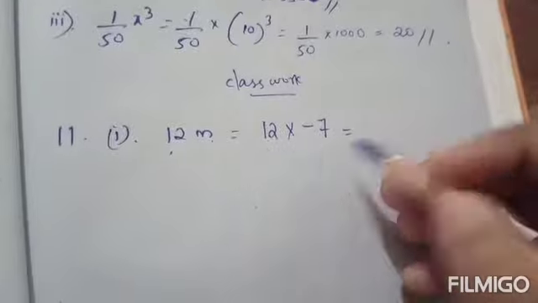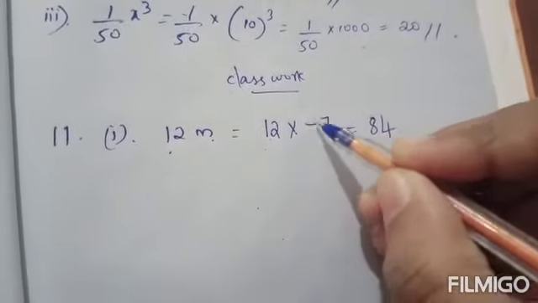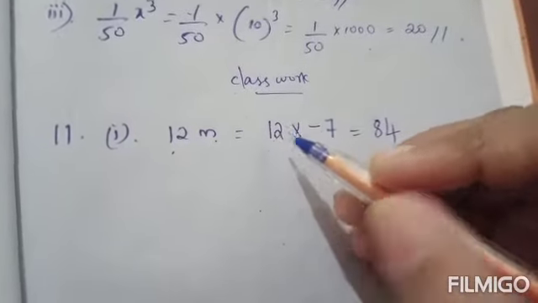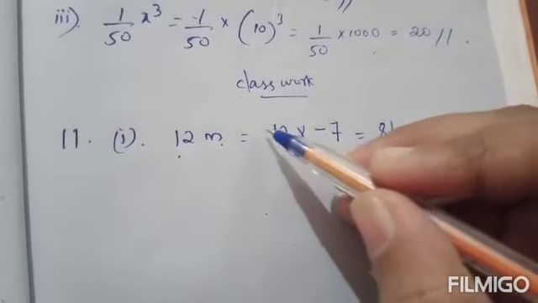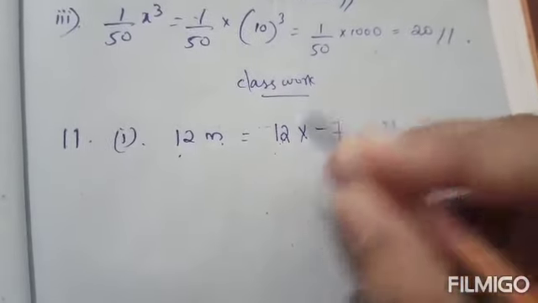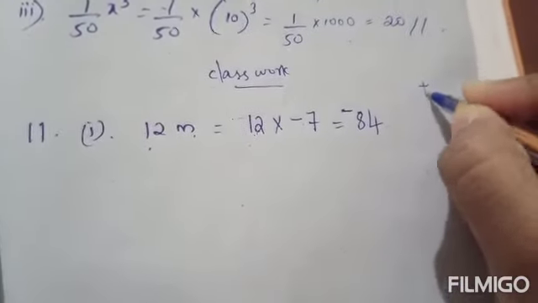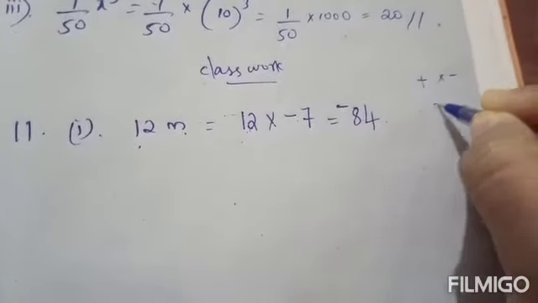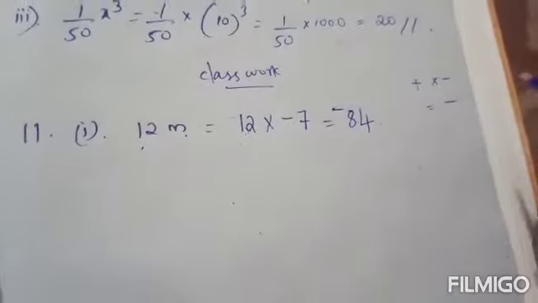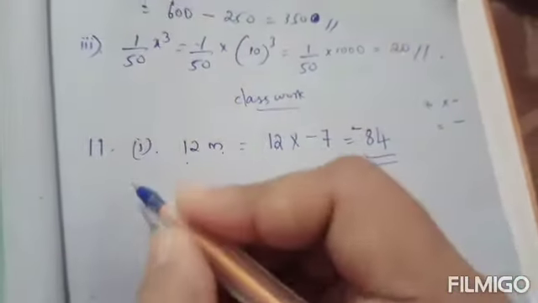So 12 into 7 is 84, but minus is coming. The sign of 12 is plus, and the sign of 7 is minus. So the product will be negative, because positive into negative will be negative only. So 12 into minus 7 is minus 84.